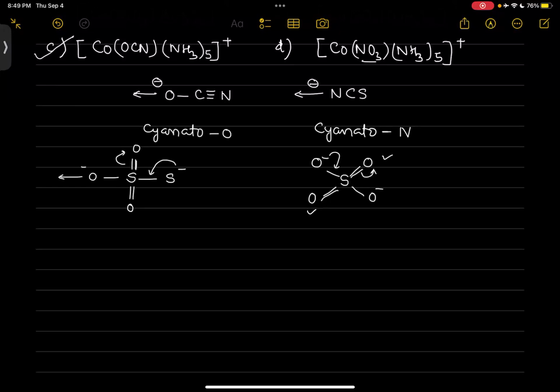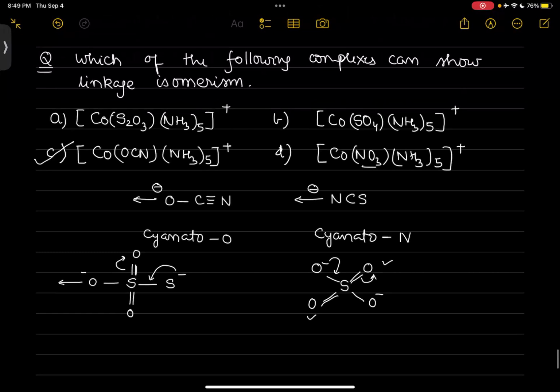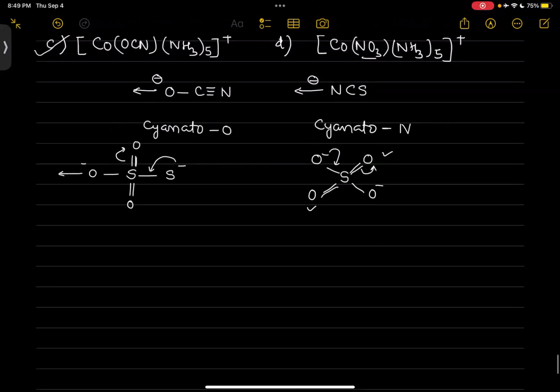But normally, as I have told you, if it is single correct, go for option C. If it is multi correct, go for option A and C both. Normally, thiosulfate binds itself through sulfur, because sulfur is more nucleophilic, a better electron donor.